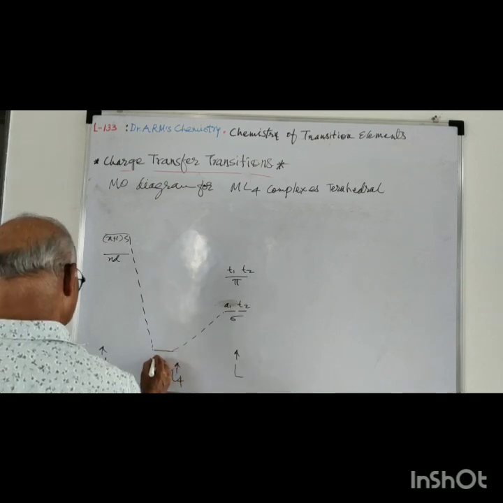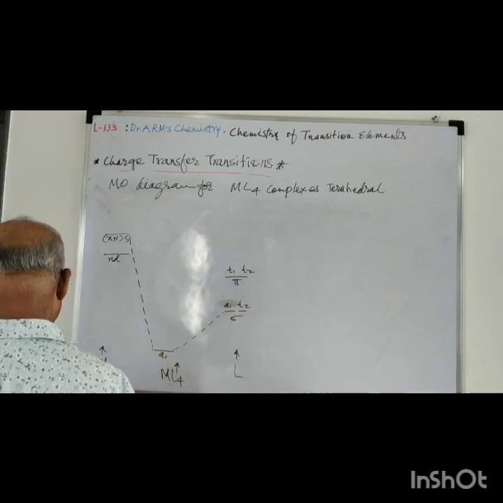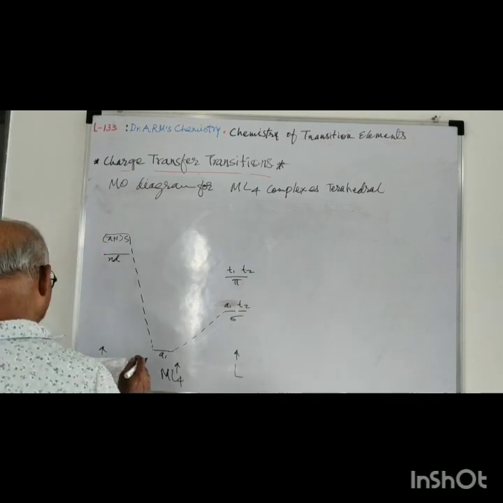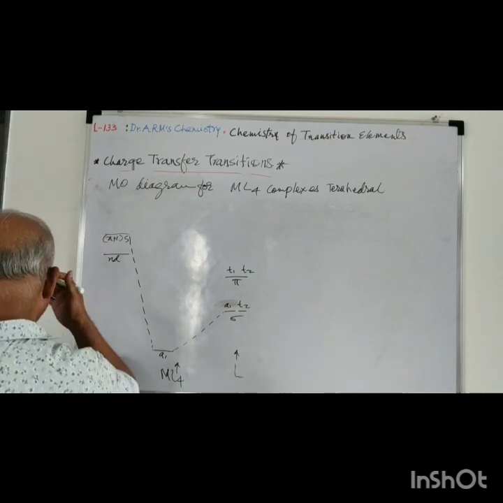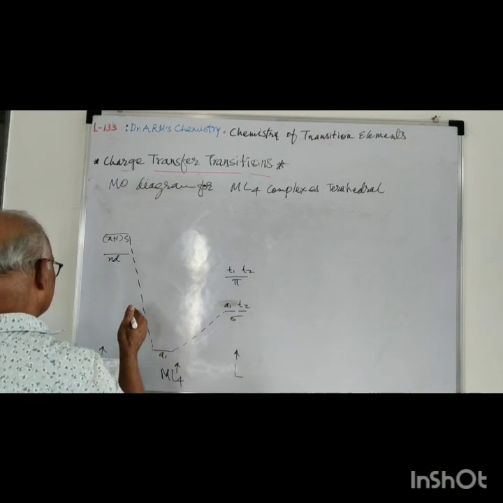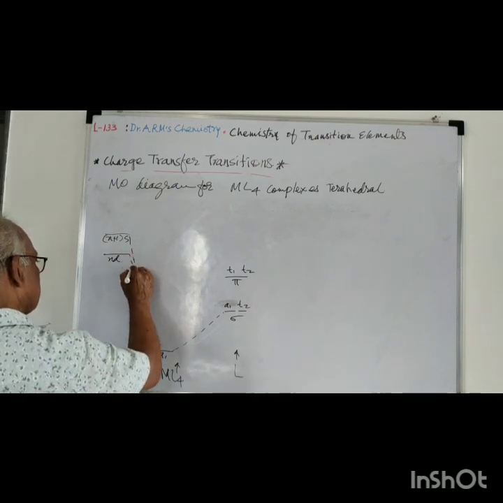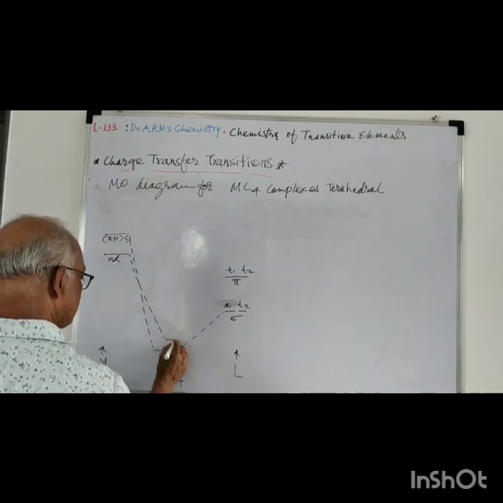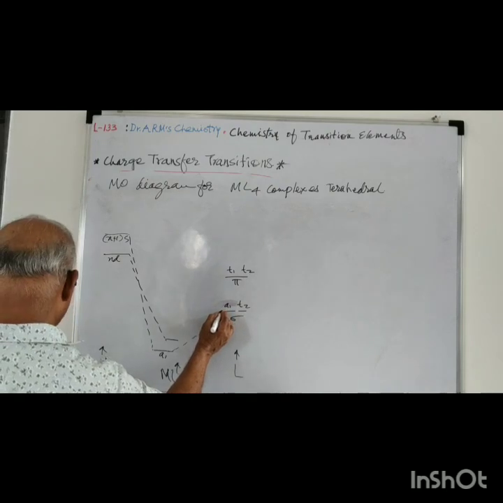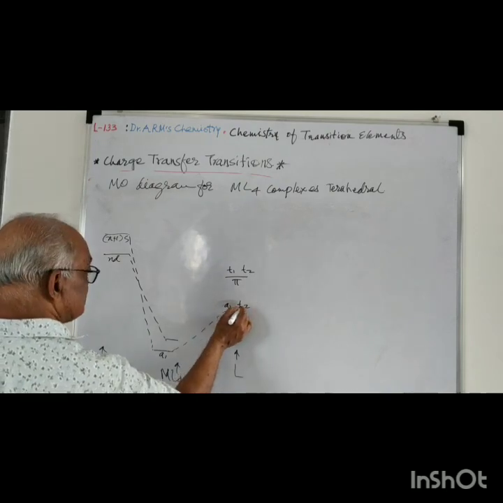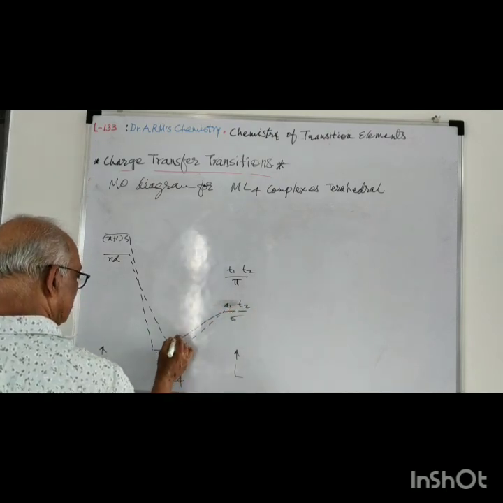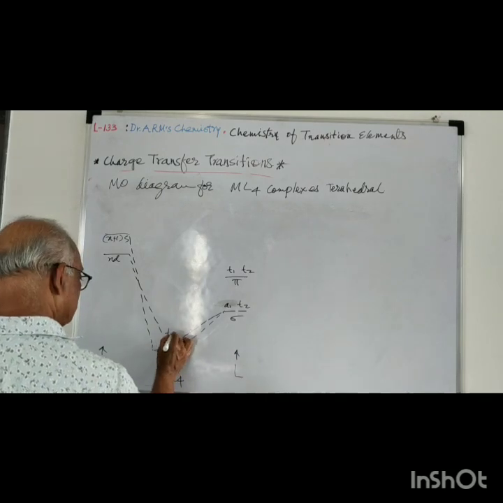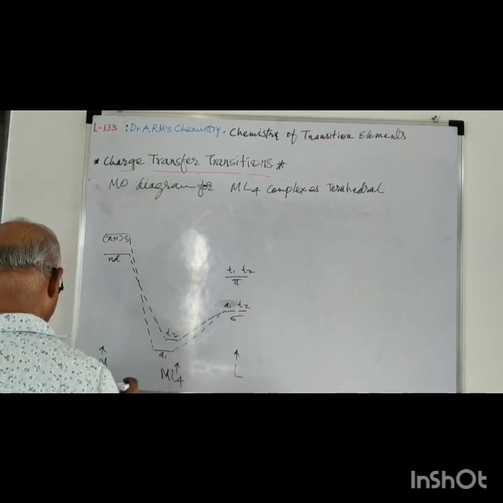So these are A1 symmetry orbitals. Now, the d orbitals having T2G type symmetry undergo linear combination with this T2 type of symmetry here and these T2 type of molecular orbitals.